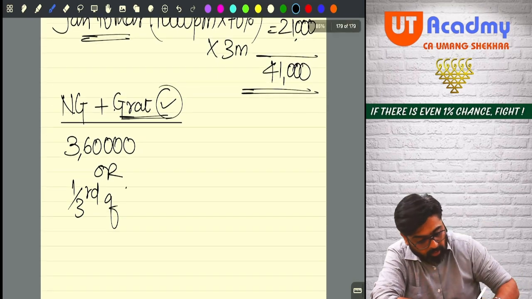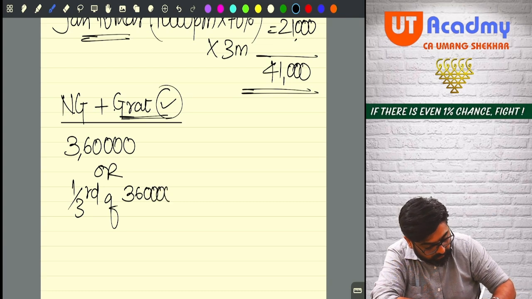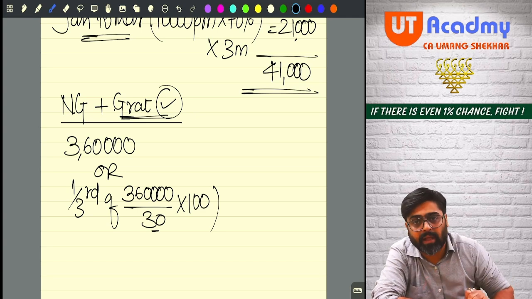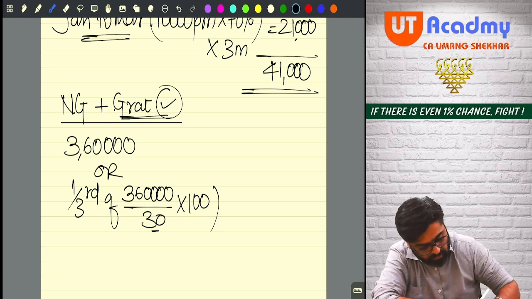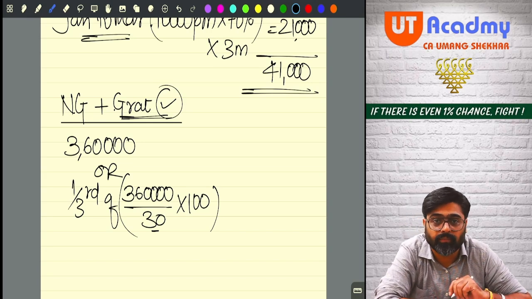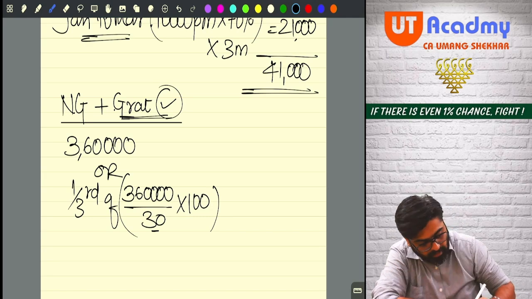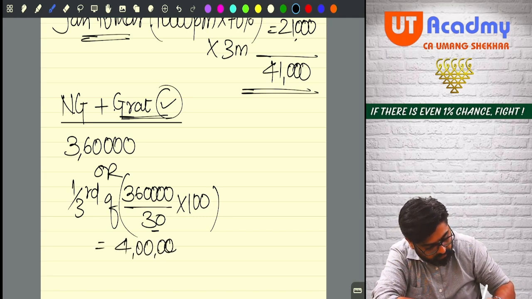So now my fully commuted pension will not be 6 lakhs. It will be 3,60,000 divided by 30 into 100, because I am commuting 30% and getting 3,60,000. So now this will be 12 lakhs. So I will do one third of 12 lakhs. That is 4 lakhs. Yes or no?